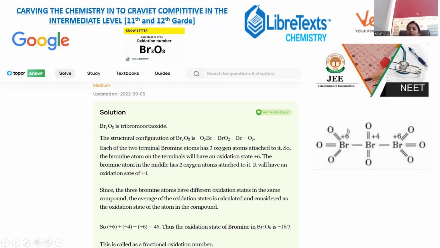This is how bromine acquires +6. The second bromine is accompanied by 2 oxygens. Each oxygen accounts for -2, so the total -4 charge can be compensated with +4 on this bromine.